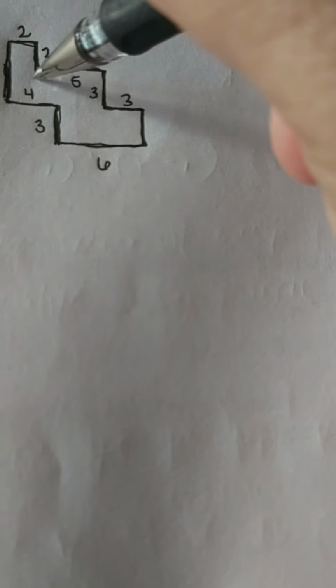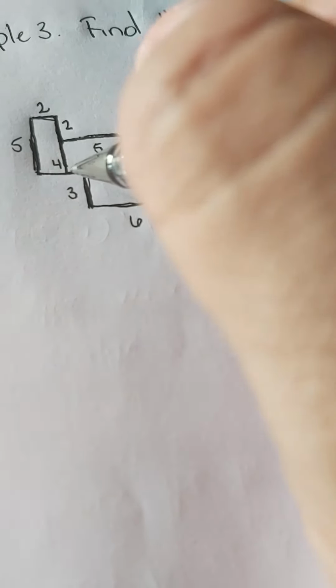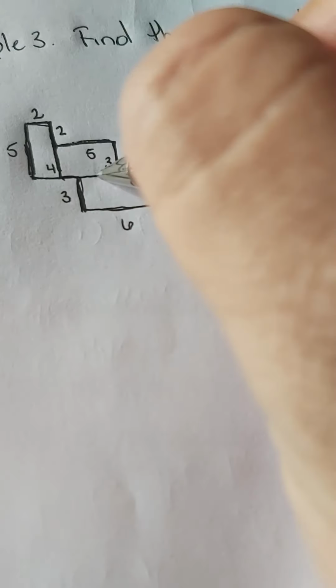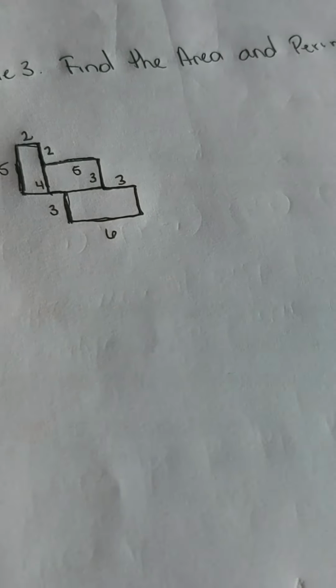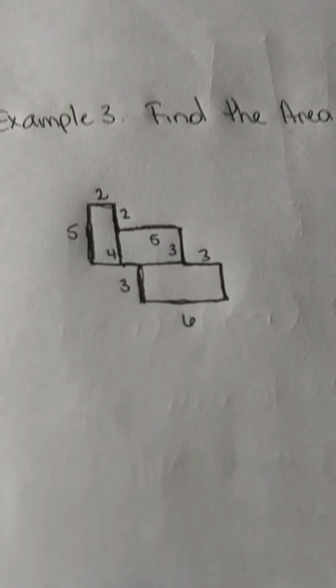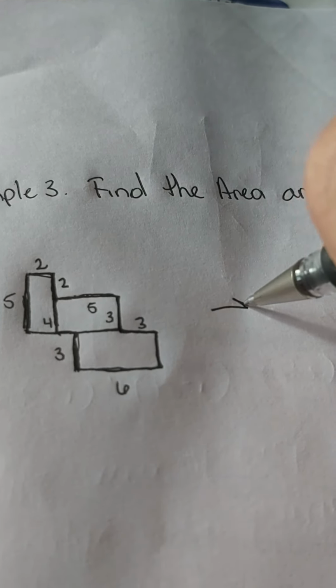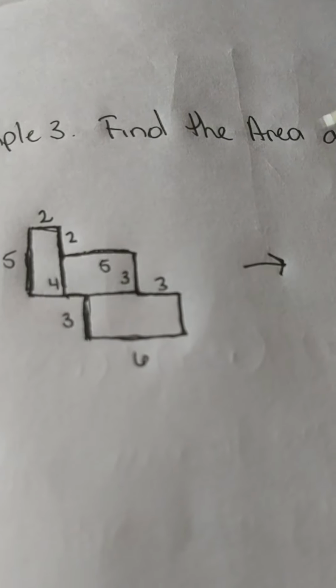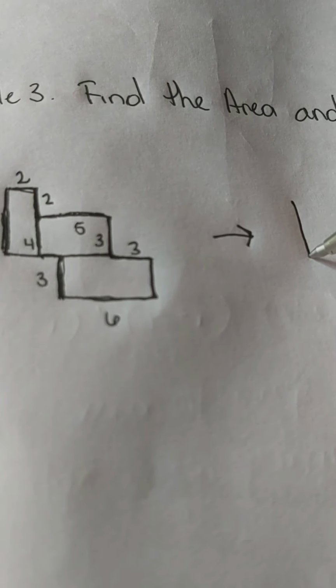I can create this rectangle over here. I can create another rectangle and a third rectangle. So I can split up this composite figure and it will look something like this.